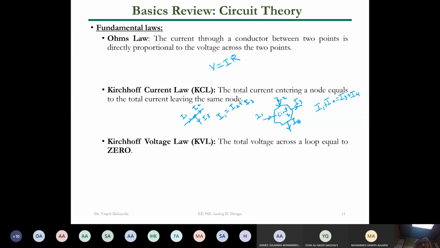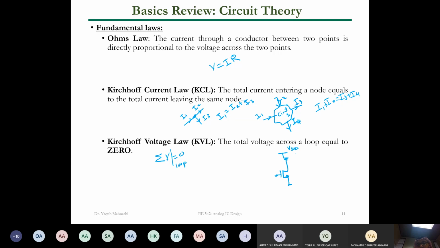Now, for the KVL, the summation of the total voltages in a loop equals 0. This is for a loop. For example, let's do the common source here.